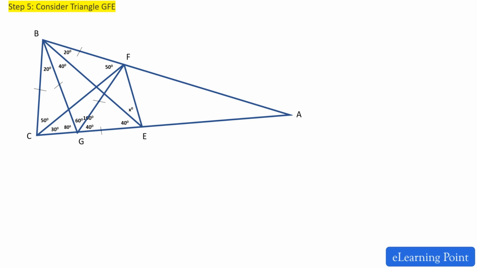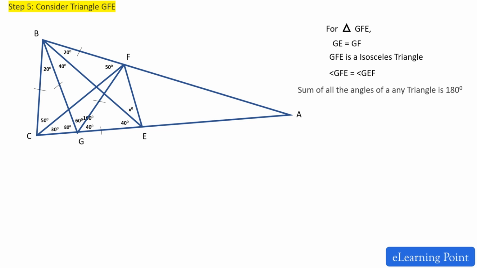Now move on to step 5. Now consider the triangle GFE. In this, side GE equals side GF, based on the earlier results. So triangle GFE is an isosceles triangle. So angle GFE equals angle GEF. Again we can apply the angle sum test: the sum of all the angles of any triangle is 180 degrees.